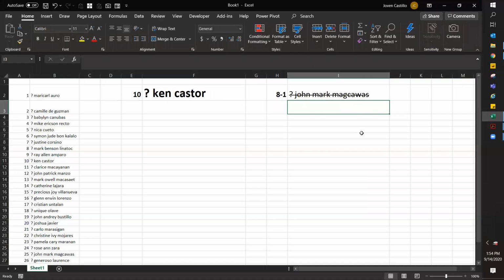So, let's first, may we know first yung mga members ng group ni Sir Recto.